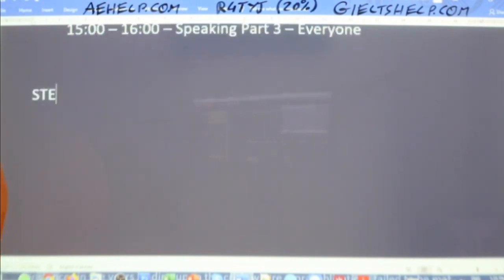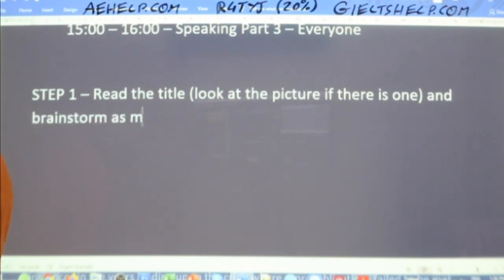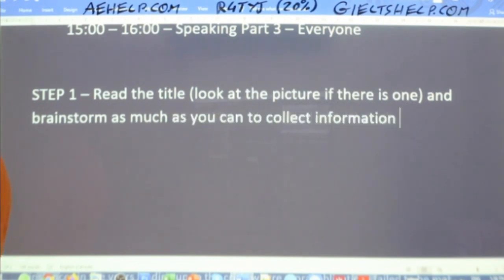Okay, so step 1 for reading is read the title. Of course, look at the picture if there is one, and brainstorm as much as you can to collect information from your past knowledge.